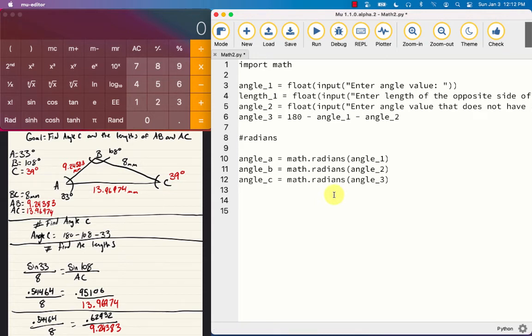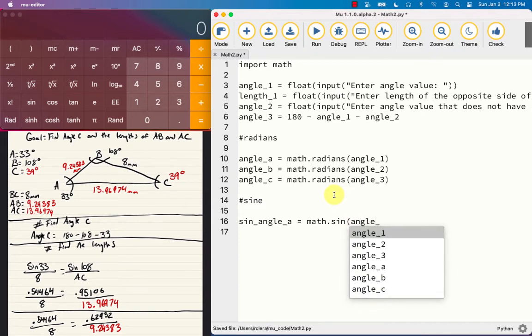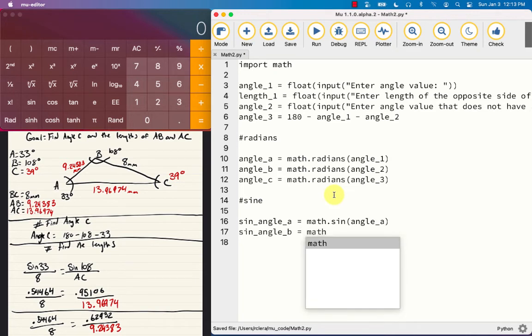All right, now I'll put a comment, find the sine. So let's do sine_angle_A, and we'll do math, because we're going to call the math module, period, sine, and then what are we going to put in as the parameter? Well, it's going to be angle A. And we can do the same thing here, and you could always copy paste and tweak it, but we'll just type it out.